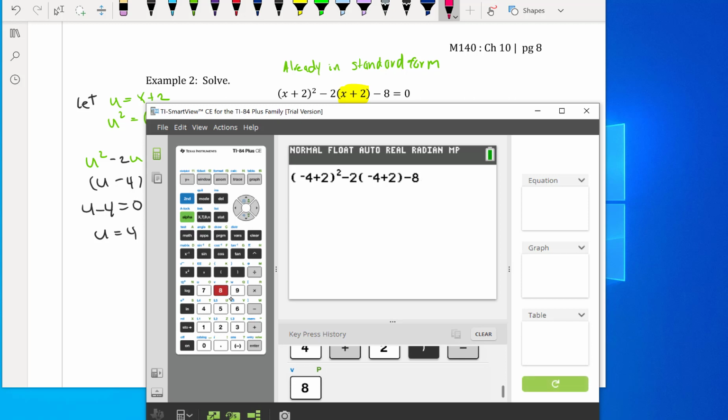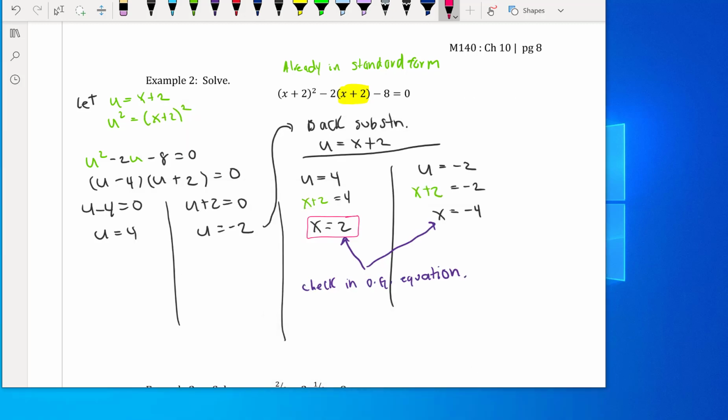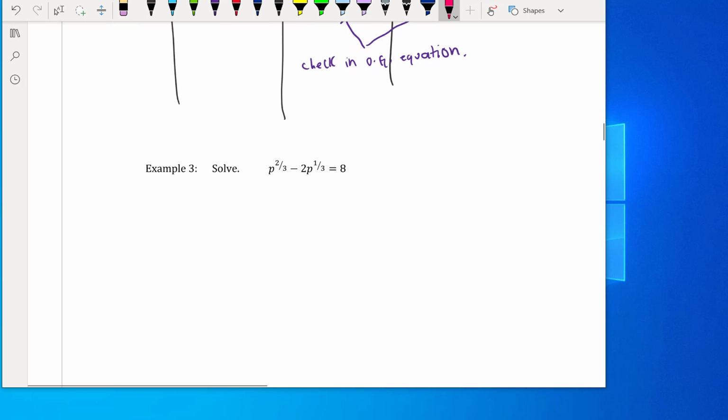So I plug it all into my calculator, and I do get that it's equal to 0. So here I get my two answers. I have that x is equal to +2 and x is equal to -4. So I checked it in my original equation using my calculator. Okay.